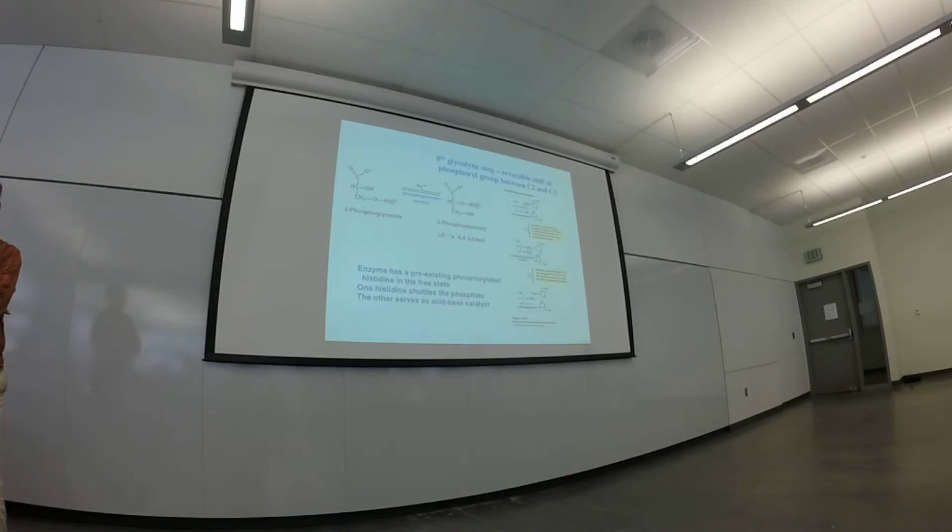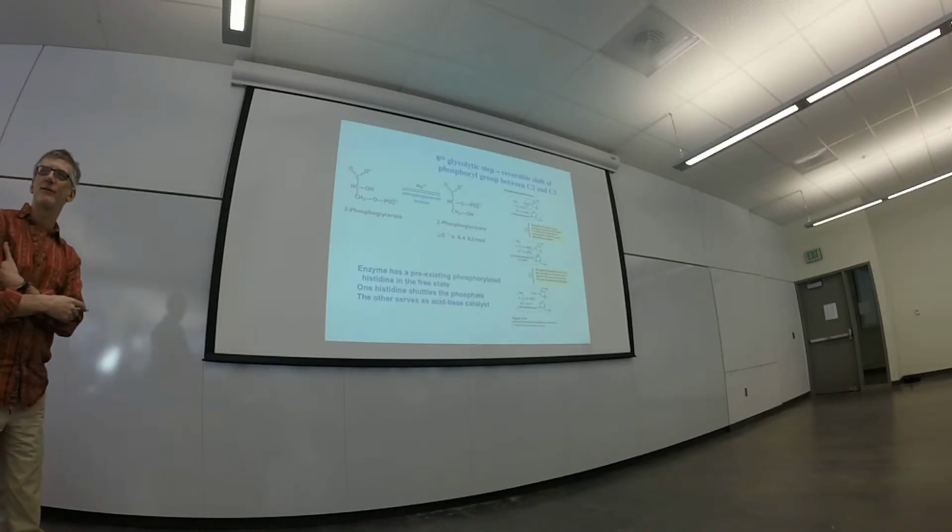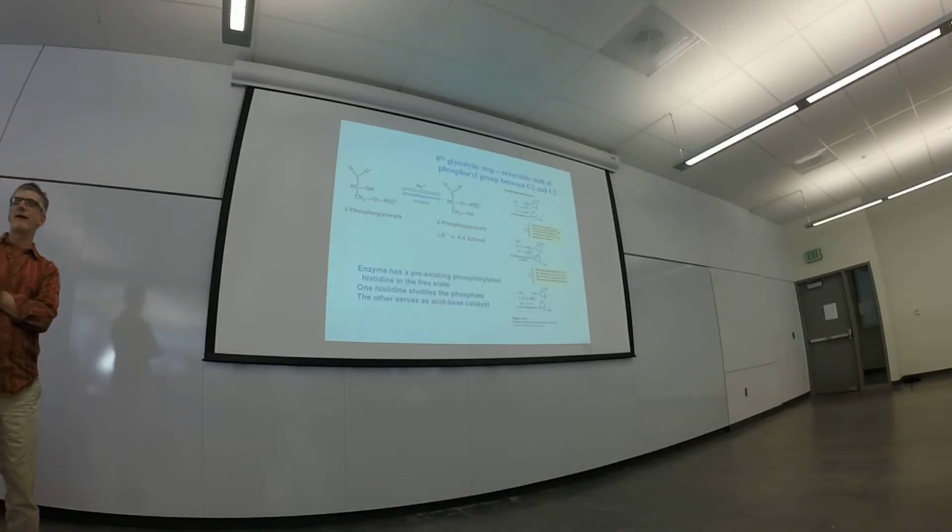And then the enzyme functions catalytically in that modified state. I think this is the first example we have of that. So, there's no such thing as a phosphorylated histidine in the genetic code, and yet if we don't have that, the enzyme is not able to work as a catalyst.